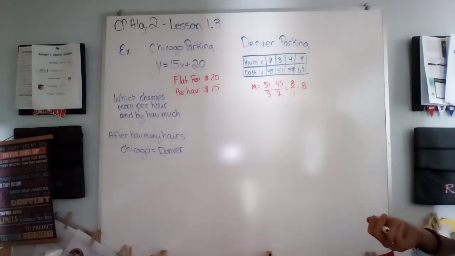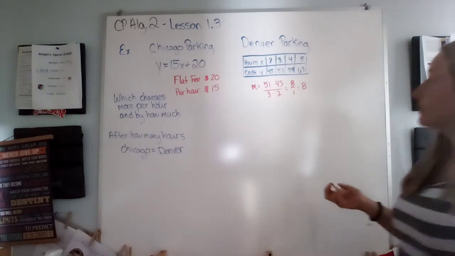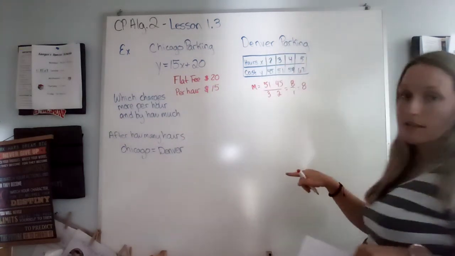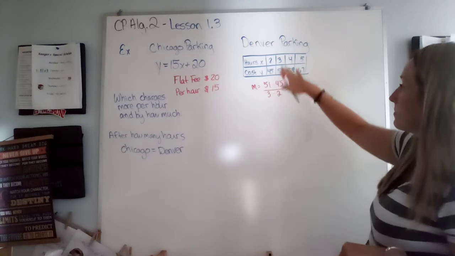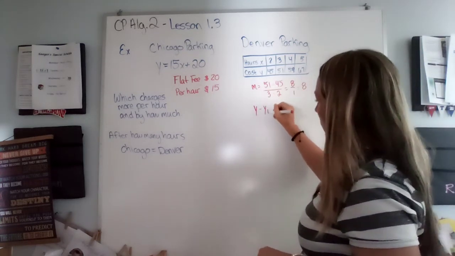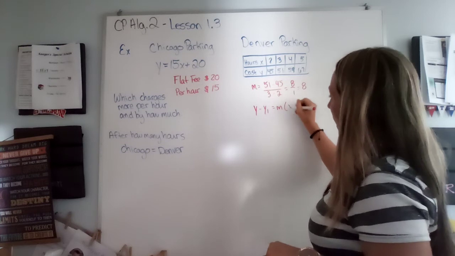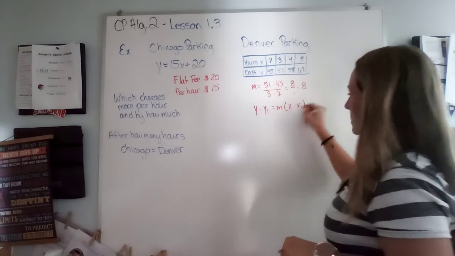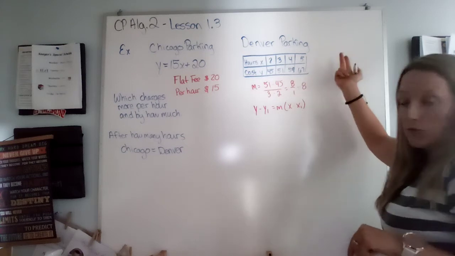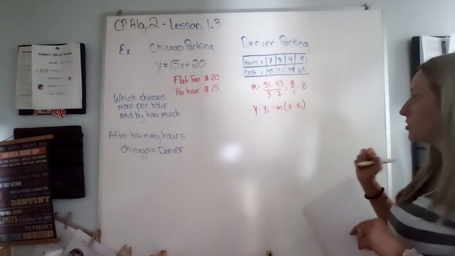Then you need to write the equation. Since they gave the equation in slope-intercept form, I want my final answer to be in slope-intercept form, but since I'm given a bunch of points, I'm going to start in point-slope form. That's y minus y1 equals m times the quantity x minus x1. This is a good form to work in if you know the slope and you know one point, and you have 4 different points to choose from.